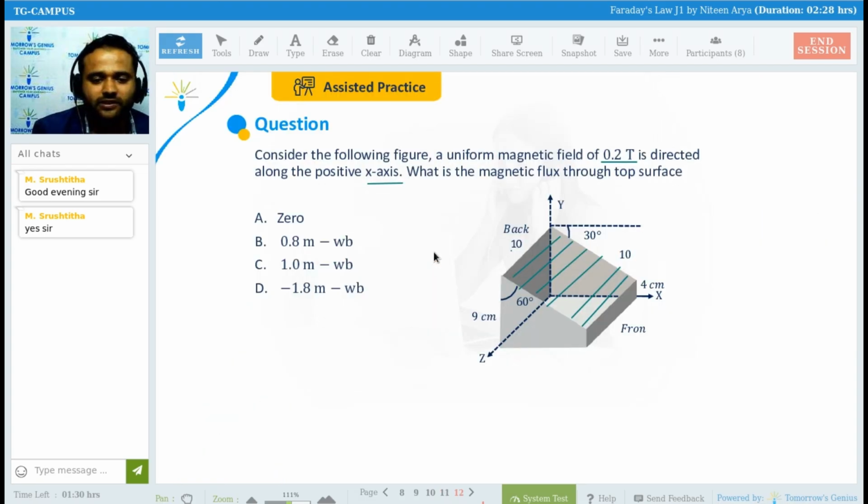Find this. Anyone? What is the correct answer? We have so many things to discuss, so please do this quickly. What is the answer of this?